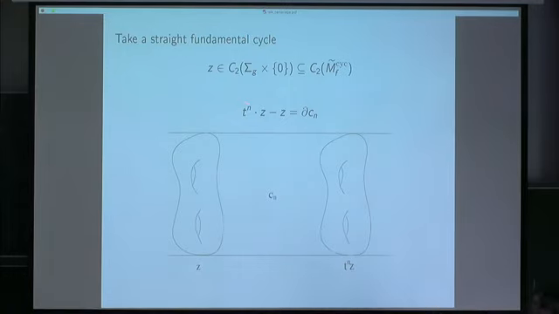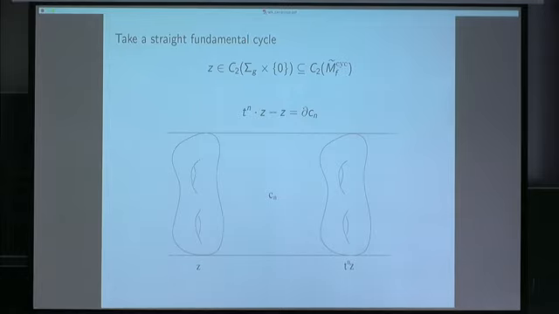This gives another fundamental cycle for another fiber of this cyclic covering, the fiber which is obtained by translating this fiber on the right by n. Of course these two cycles are homologous because they represent the same homology class. So their difference is the boundary of something in the middle.